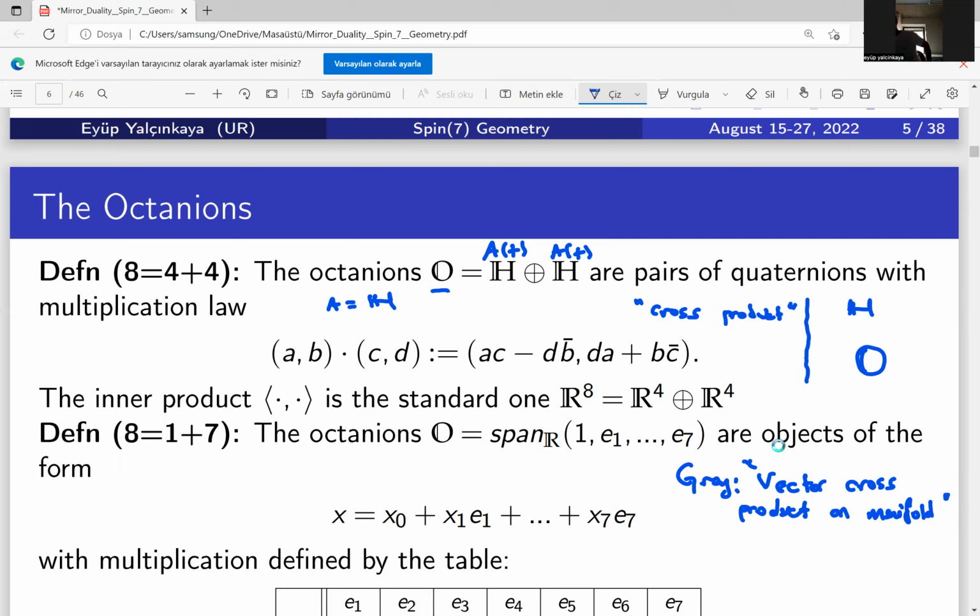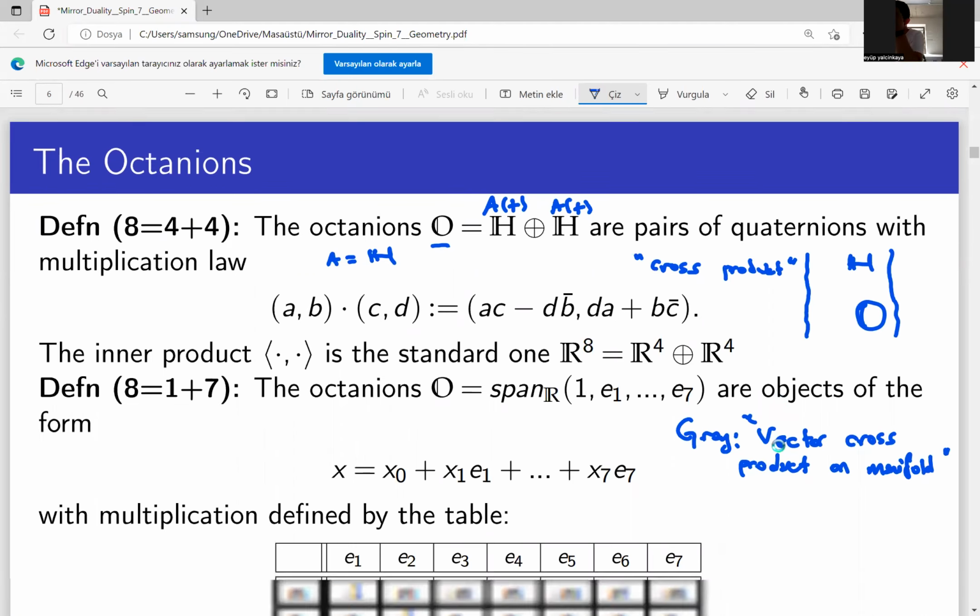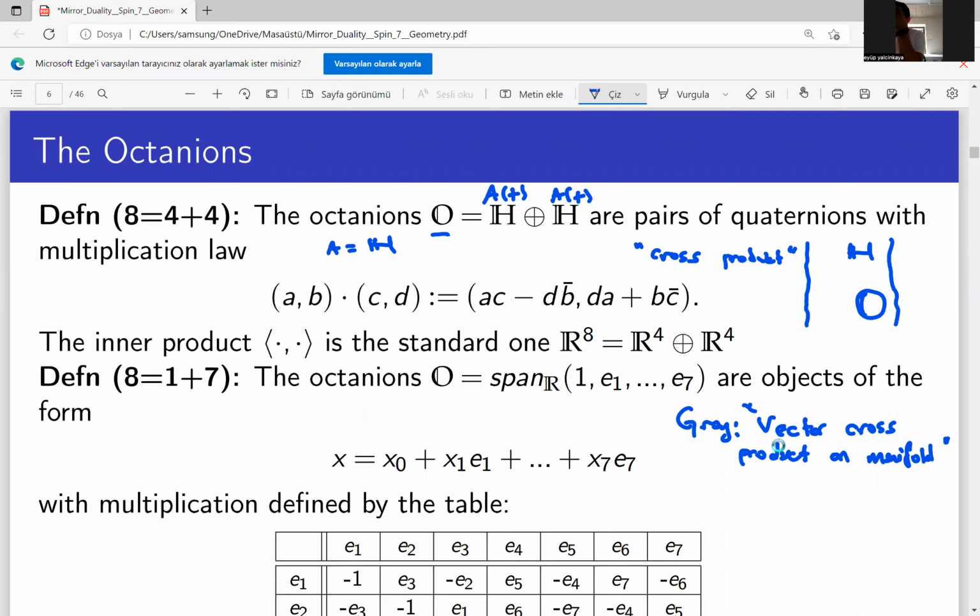And they show that the only non-classical example of a cross product is defined on the imaginary octonions and imaginary quaternions. That's a very nice article, you can check. And this shows that the octonions are useful also for the cross product.